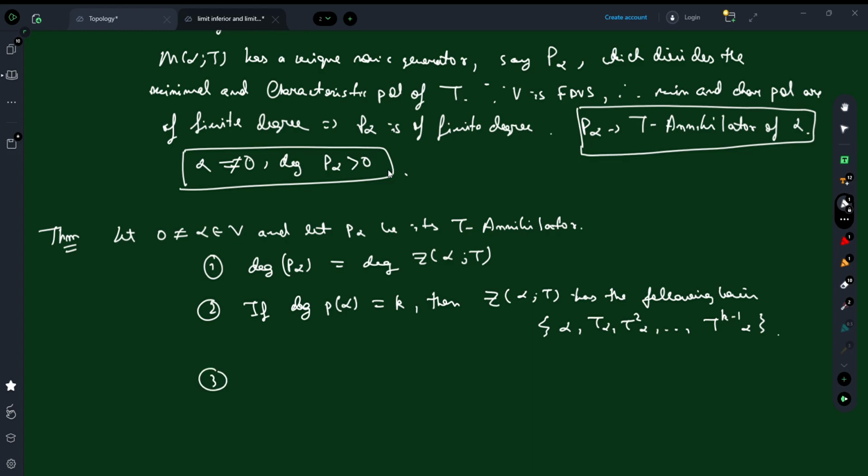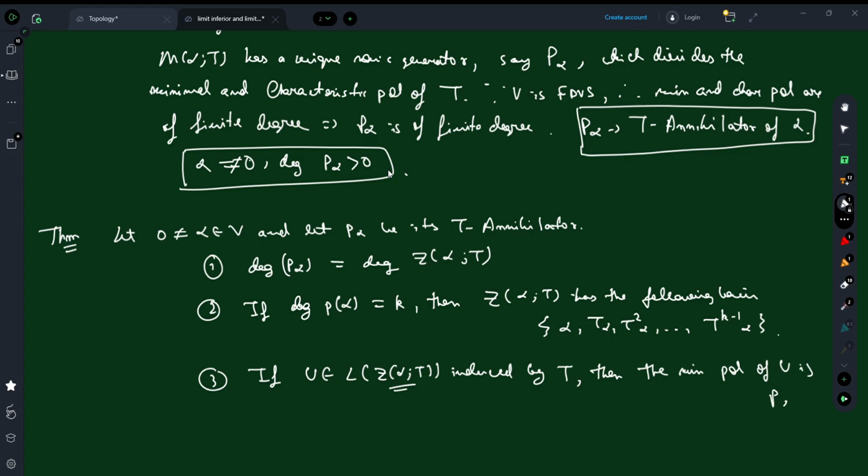The third is that if you restrict the operator T to the cyclic subspace Z alpha T to some linear operator, say U, that is, if U is a linear operator on Z alpha T induced by T, that is, U is basically the restriction of T on this cyclic subspace, then the minimal polynomial of U is P alpha.